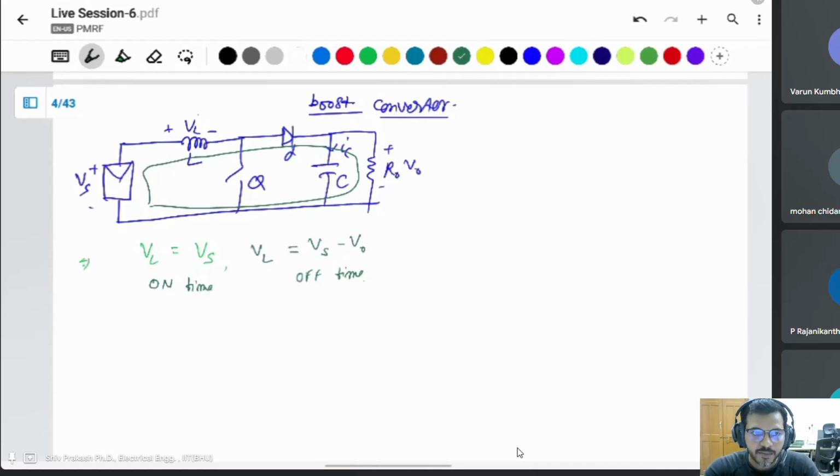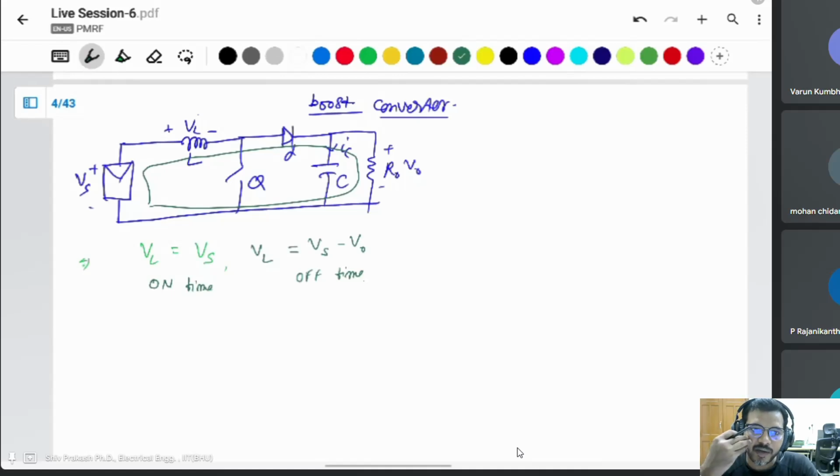But here with the DC supply, both the inductor and capacitor are working. Then it should satisfy some equation. If that is verified, then you can use the inductor and capacitor with the DC supply.